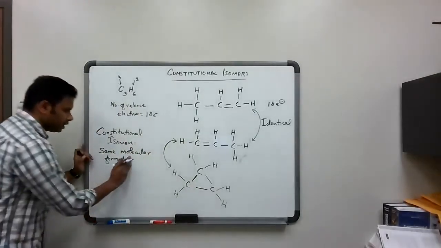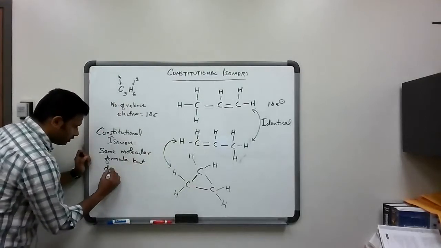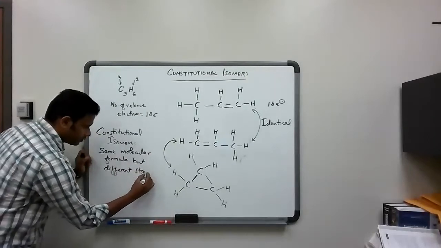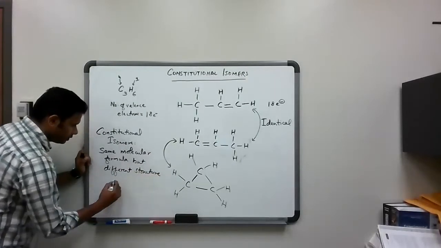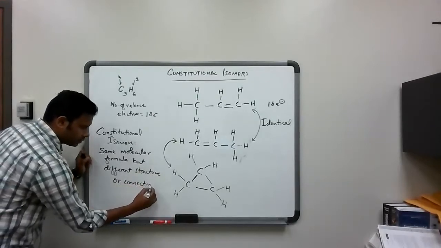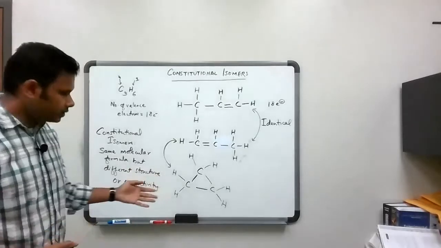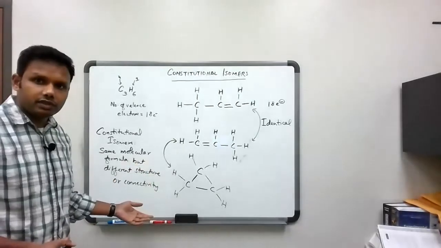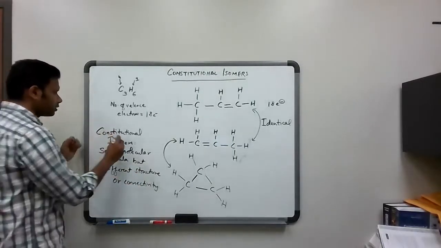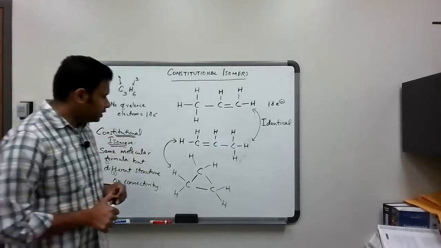So the same molecular formula, but different structure or connectivity. The connectivity is what's important here. So they have a different structure and different connectivity. That's what's important here. So such molecules are called constitutional isomers of each other.